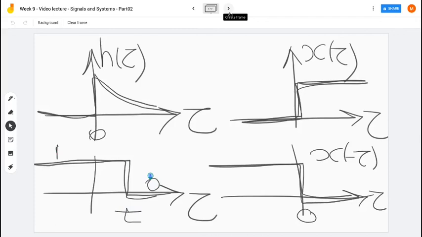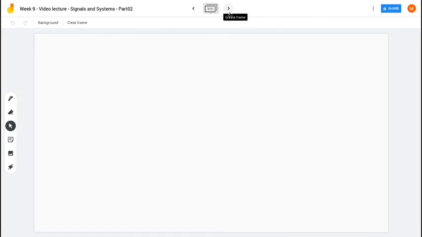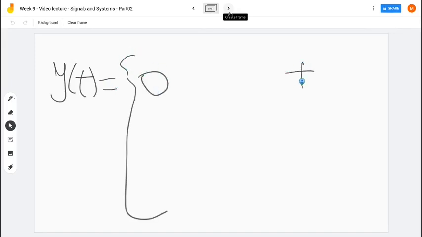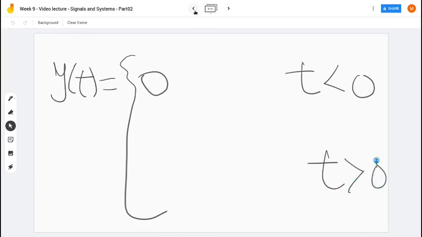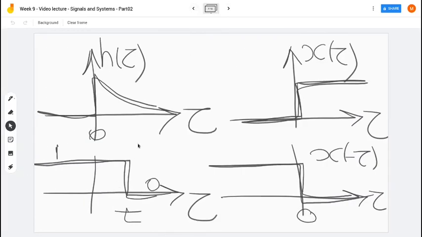And now, as we can see, if t is less than 0, the overlap will be 0 and the integration will be 0. So y of t will be equal to 0 if t is less than 0. But if t is larger than 0, in this case the overlap will be from 0 up to t, and the integration will be from 0 up to t.